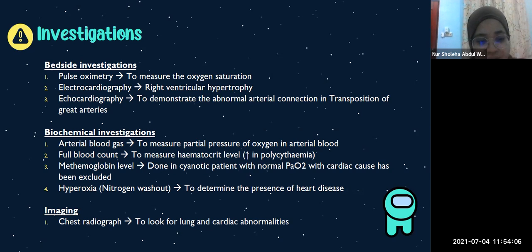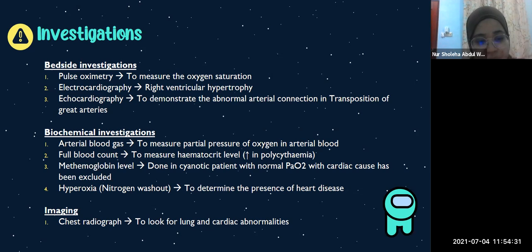Then we can also send for methemoglobin level, but it is only done in a cyanotic patient with normal partial pressure of oxygen when cardiac causes have been excluded. This is because in methemoglobinemia, usually the partial pressure of oxygen is normal but the patient is cyanotic. So we need to send for methemoglobin level in such a case.